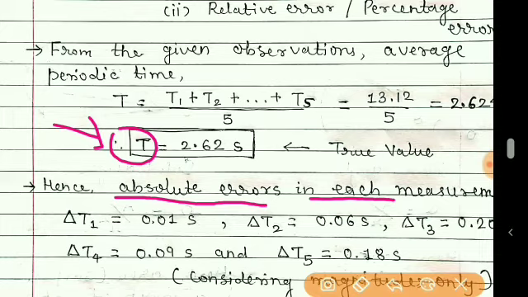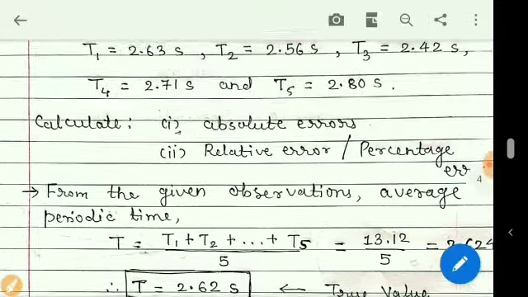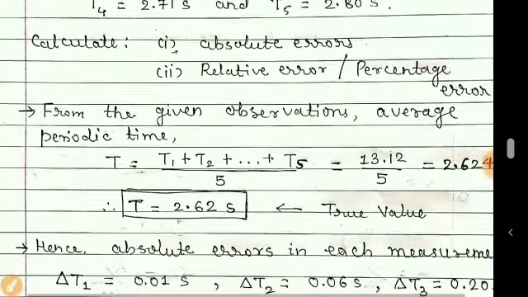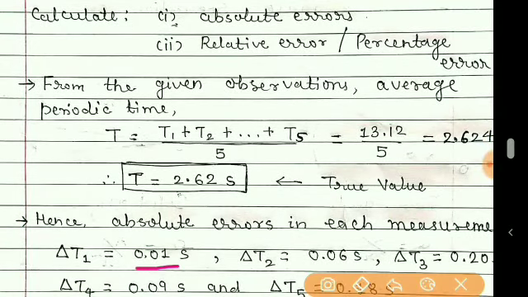So now I'll show you for the first observation. What is T here? It is 2.62. This is the true value, and from this if I subtract the first reading, that is 2.63, then what will be your answer? Your answer will be 0.01 second. We'll consider it positive only. So the difference of the first observation with respect to this true value came out to be this much.